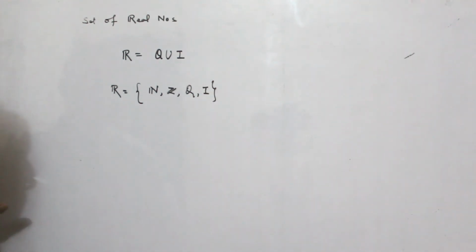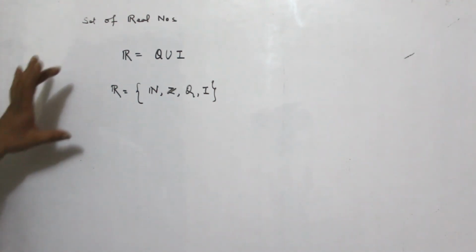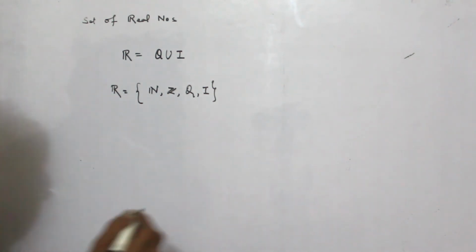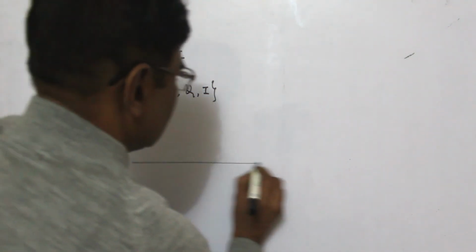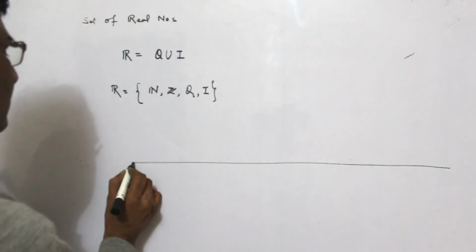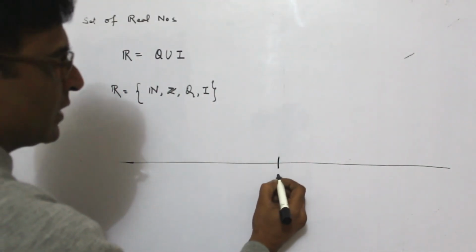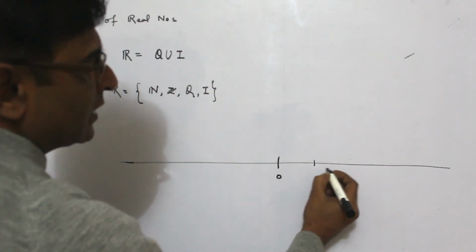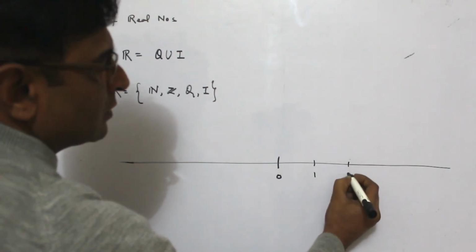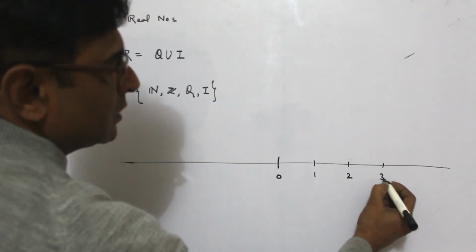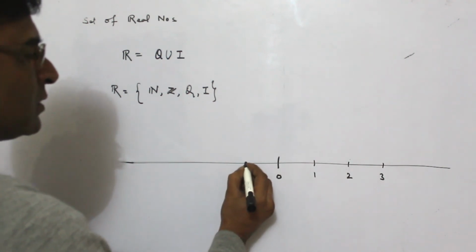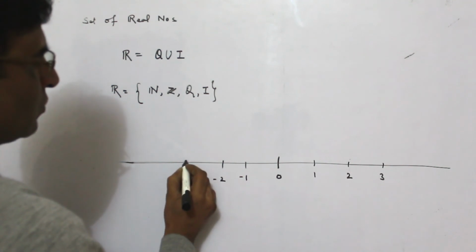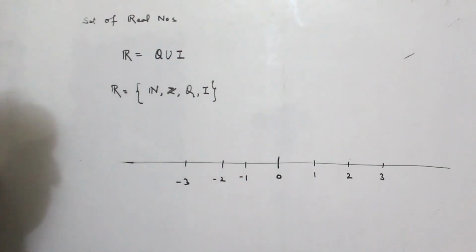This is R. The physical representation, the geometrical interpretation of real numbers, is a line where the center is 0, we call it the origin, and on the right side this is 1, this is 2, this is 3, positive numbers, and on the left side -1, -2, -3, negative numbers.